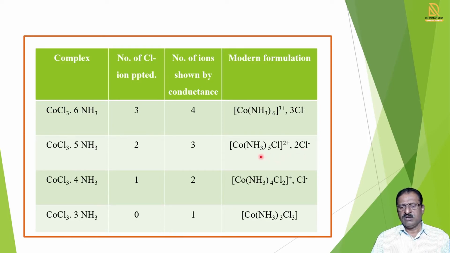Here cobalt has +3 oxidation number. It is attached by 5 NH3 and 1 Cl. The coordination number is 6, satisfied by 5 NH3 and 1 Cl. The oxidation number is balanced by the 2 Cl outside the bracket and the 1 Cl inside the bracket.